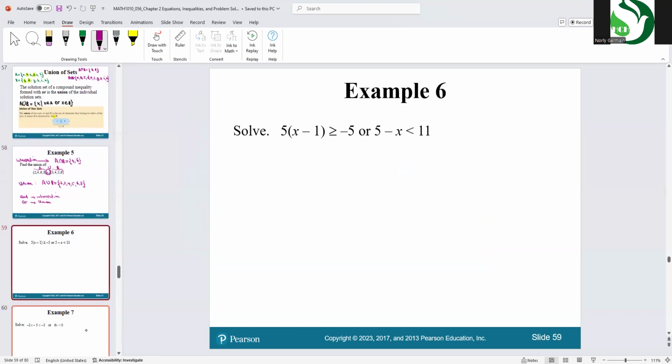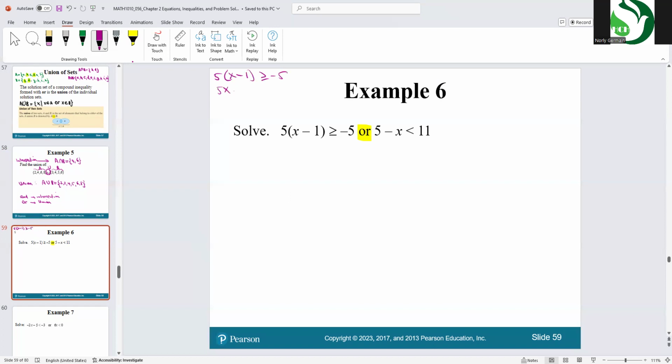Now, if we look at the next example where they ask you to solve 5 times x minus 1 greater than or equal to -5, or they put or. So what we need to do, as I said, is usually take the first one and solve it, greater or equal to -5.